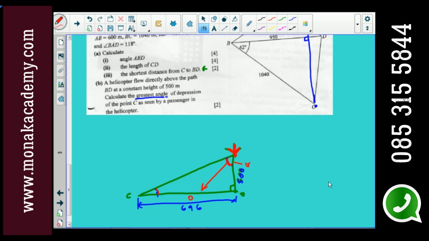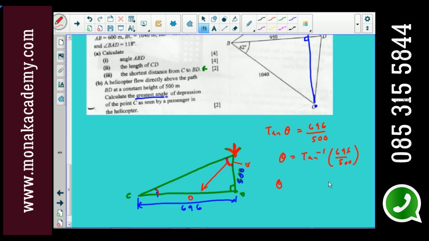So what we have to use is tan. The tan of that angle that we don't know equals opposite over adjacent. So in order to get that angle, it's simply the inverse of tan of that answer.